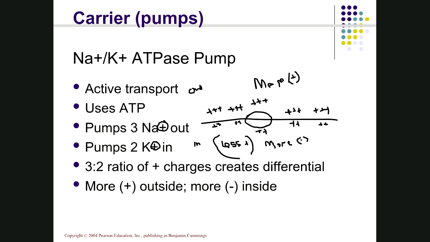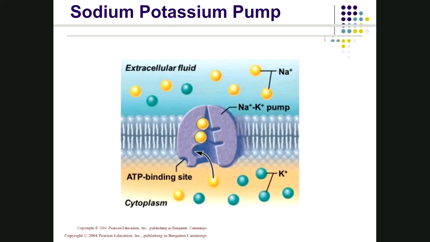And if I keep doing that, I'm going to wind up with a situation where it's more positive on the outside and more negative on the inside. Every time this thing pumps, it's going to pump 3 sodiums out and bring 2 potassiums back in.